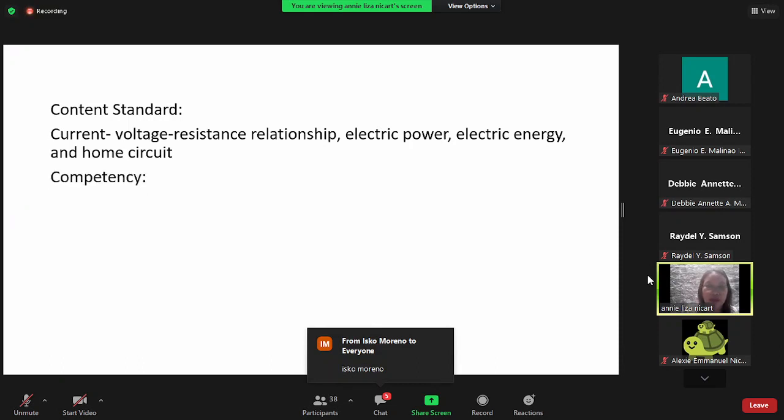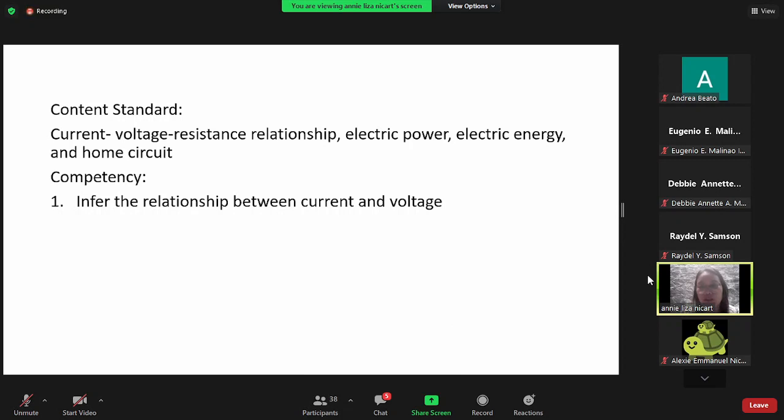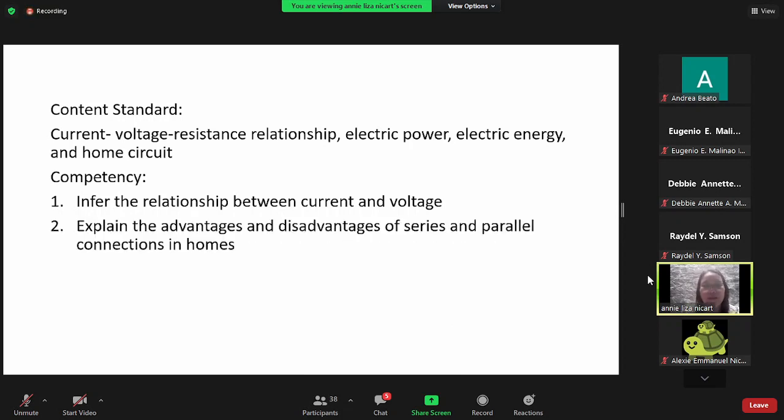The competency is to infer the relationship between current and voltage, and we will also include resistance. Number two is to explain the advantages and disadvantages of series and parallel connections in homes.